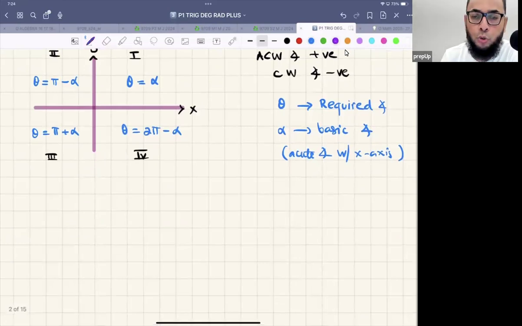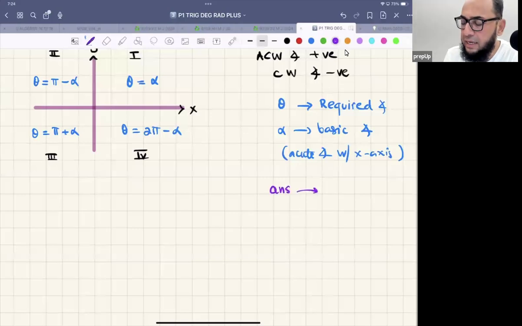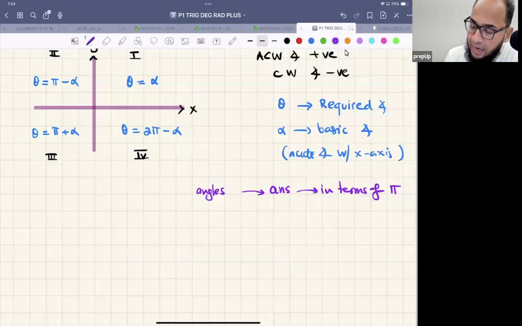We could be dealing with two different kinds of question. It could be one in which the answer will be in terms of pi, and when we talk about the answer, that means we are talking about the angles. And it could be that the answer is in decimals.